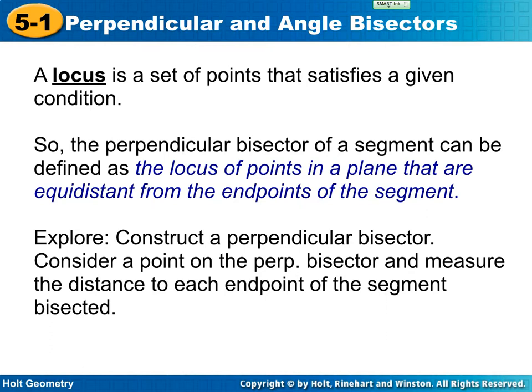Now it says, consider a point on the perpendicular bisector. Let's even just put a point where those two arcs cross. Now think about your construction.